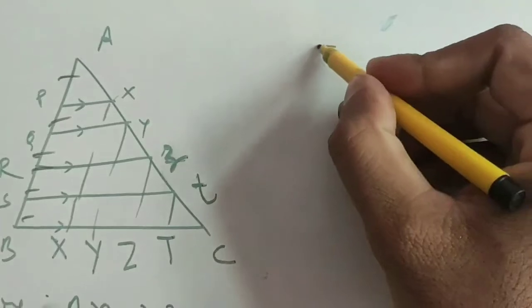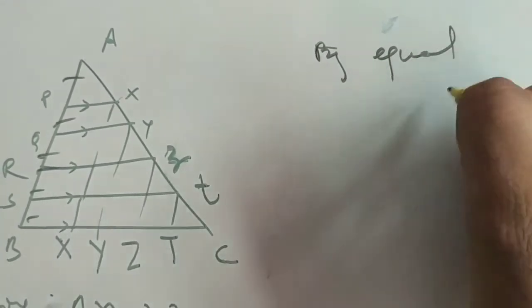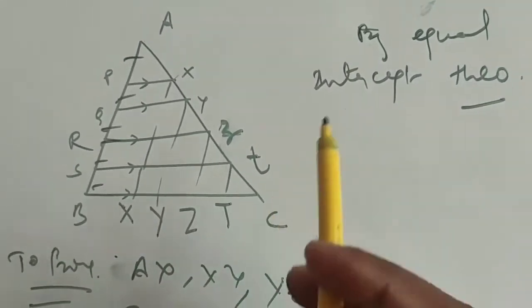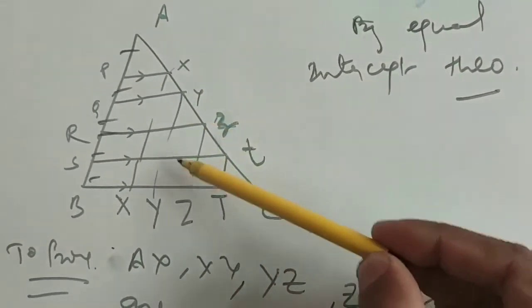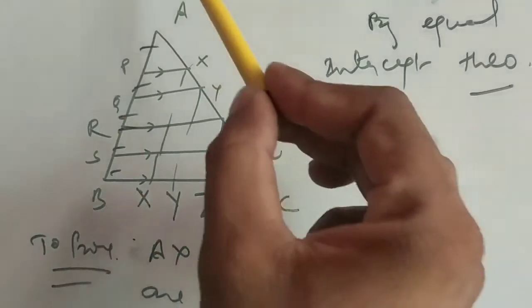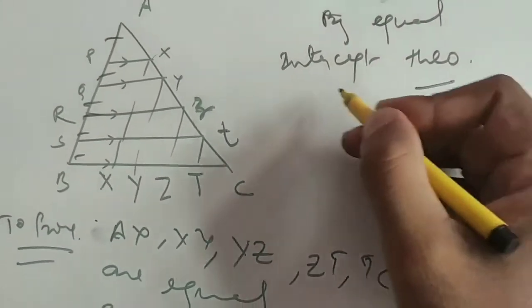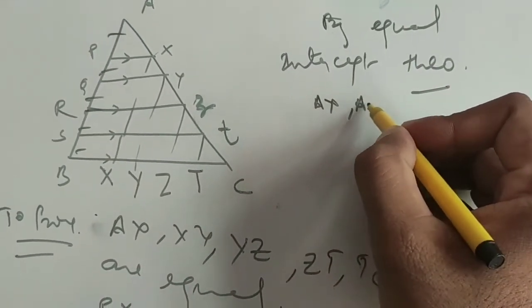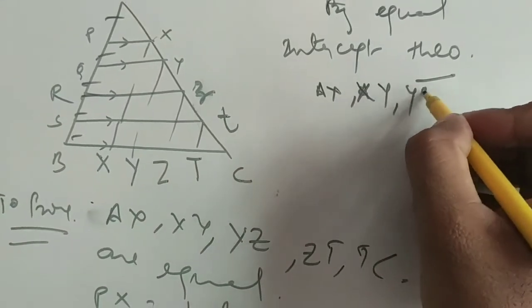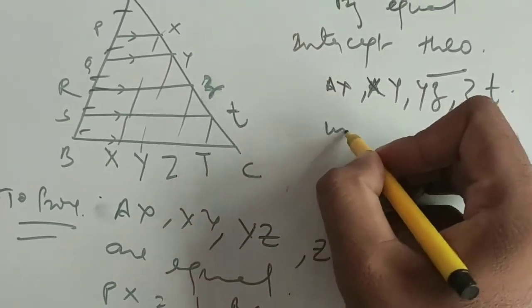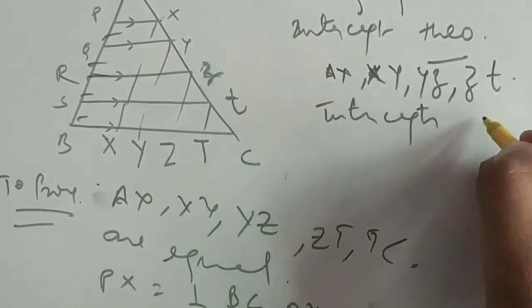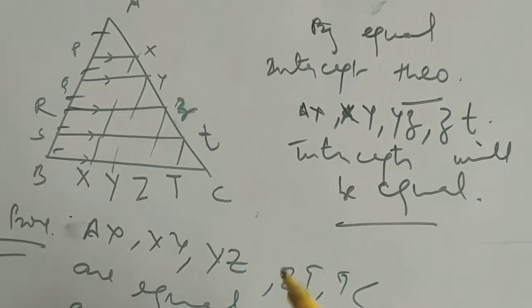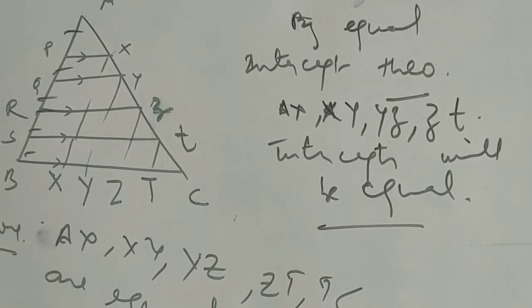So clearly by what we have learnt in the equal intercept theorem, if there are more than two parallel lines and a transversal makes equal intercepts, then the other transversal will also make equal intercepts. By the equal intercept theorem, we can clearly say that AX, XY, YZ and ZT intercepts will be equal.